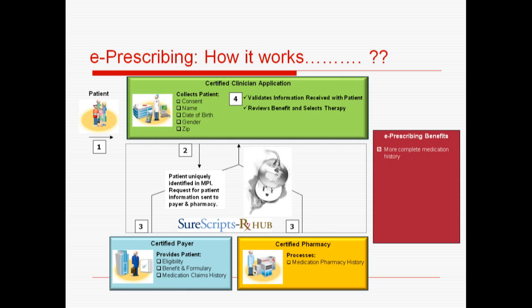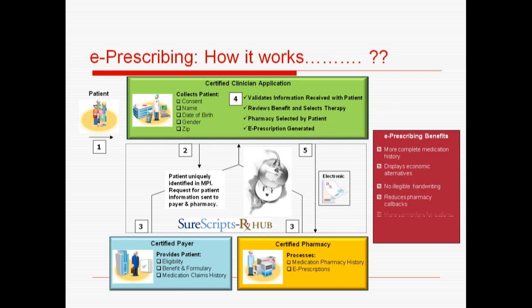The next step is the validation step, where the information received with the patient is validated. Thereafter, reviewing benefits and selecting therapy is done. Then the pharmacy selected by the patient is chosen, and after this the electronic prescription is generated. The next step is the transfer of the electronic prescription generated by the certified clinical application to the certified pharmacy.